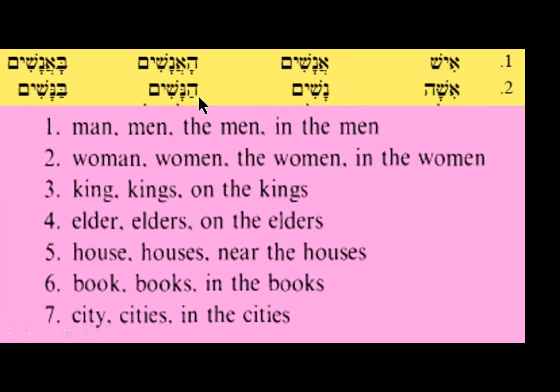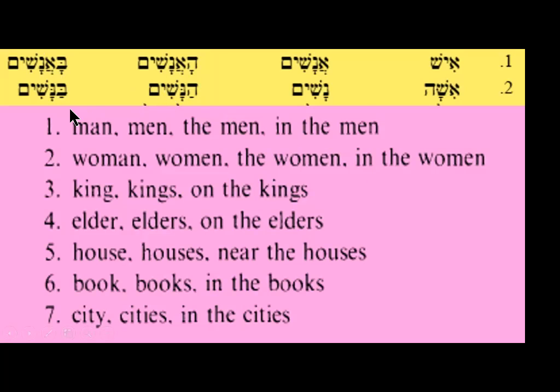And I just want to mention that the word for men also means people, like a mixed group of male and female. That is correct. Absolutely. And that's kind of the same in English. How many men are there? I mean, yeah, whatever. Yeah, like people. How many people are here? Sure. Good. Okay. And hanashim would be the women.